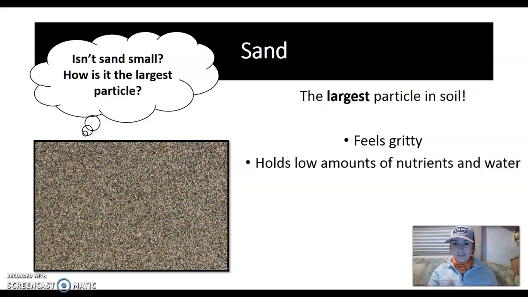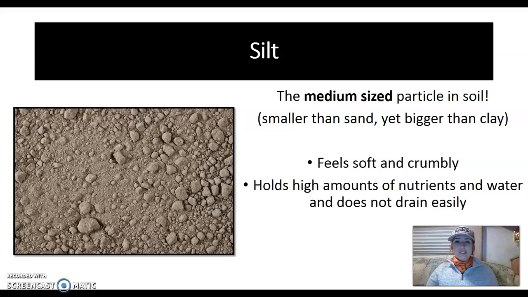Oftentimes it feels kind of gritty, and it holds very low amounts of nutrients and water. Silt. Silt is a medium-sized particle in soil. What size is it? Medium. That's right. Good job. It's smaller than sand, but yet it's bigger than clay. It oftentimes feels pretty soft, crumbly, and it holds high amounts of nutrients and water, and it does not drain easily.